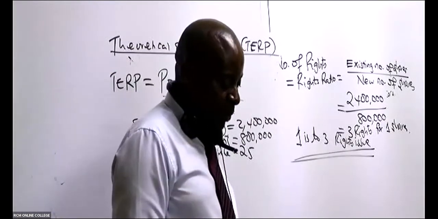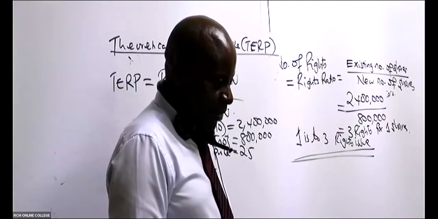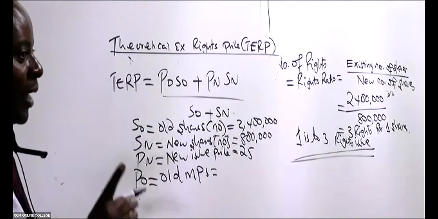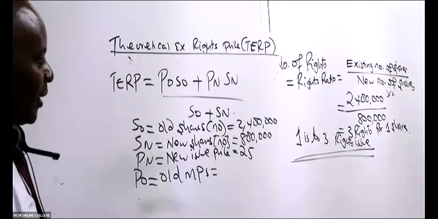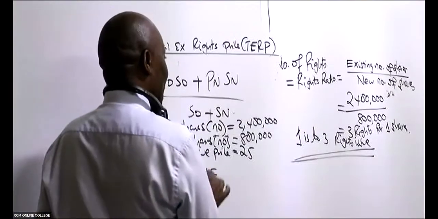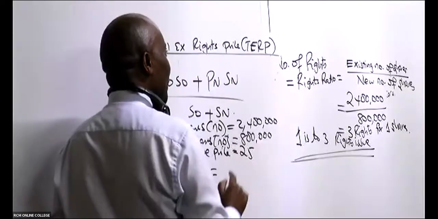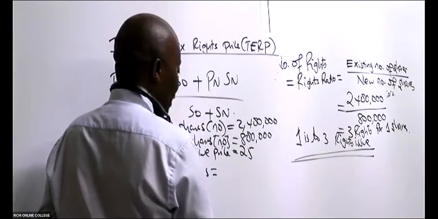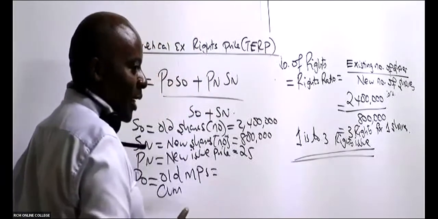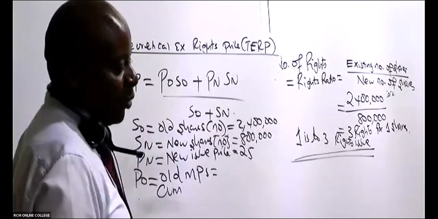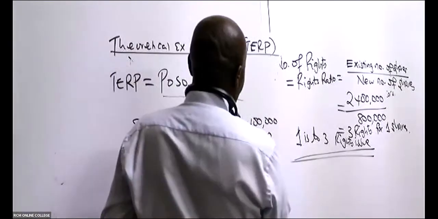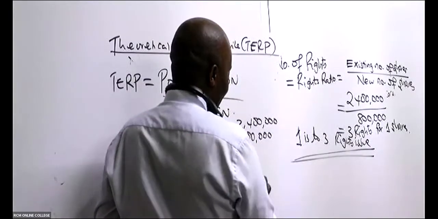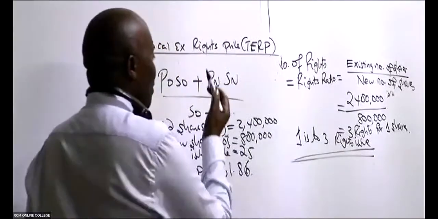Remember that 30 figure? That 30 figure has been overtaken by events. Because of a new venture that is ahead of us, we are now getting a share that is pregnant. So it has to become the rights MPS, which was 31.86.